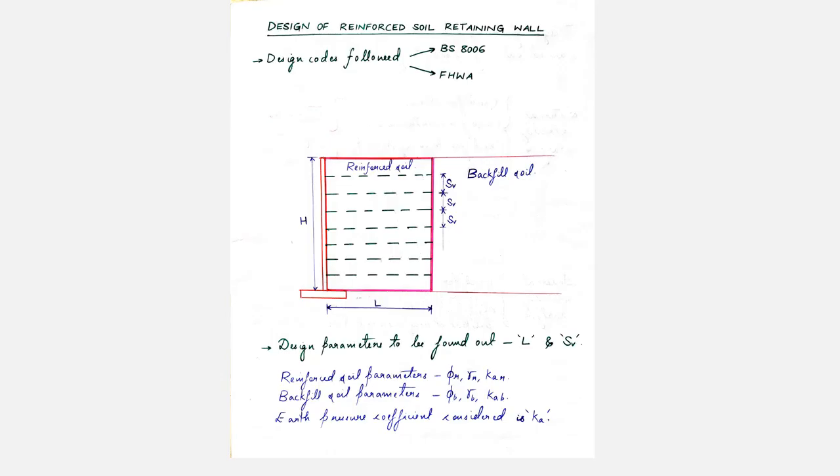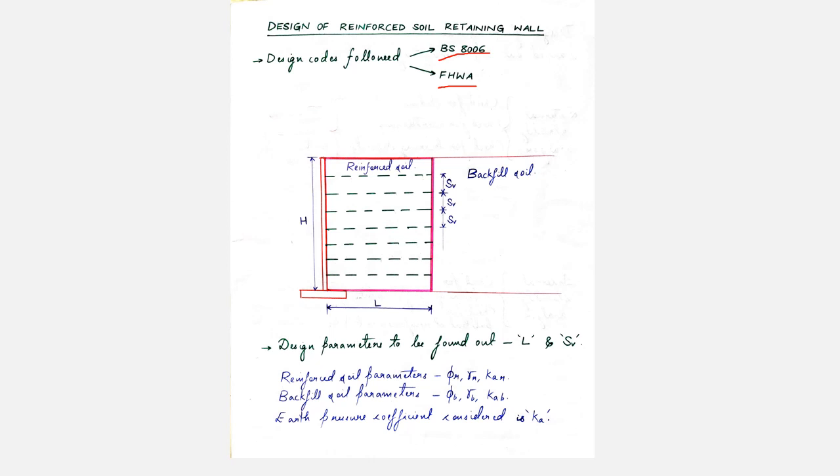Like any important design, there are certain design codes which are to be followed. For the design of a reinforced soil retaining wall, the two most important design codes which are followed are BS 8006, which is a UK code, and the Federal Highway Administration Code, which is a US code. There are many differences between the two codes.